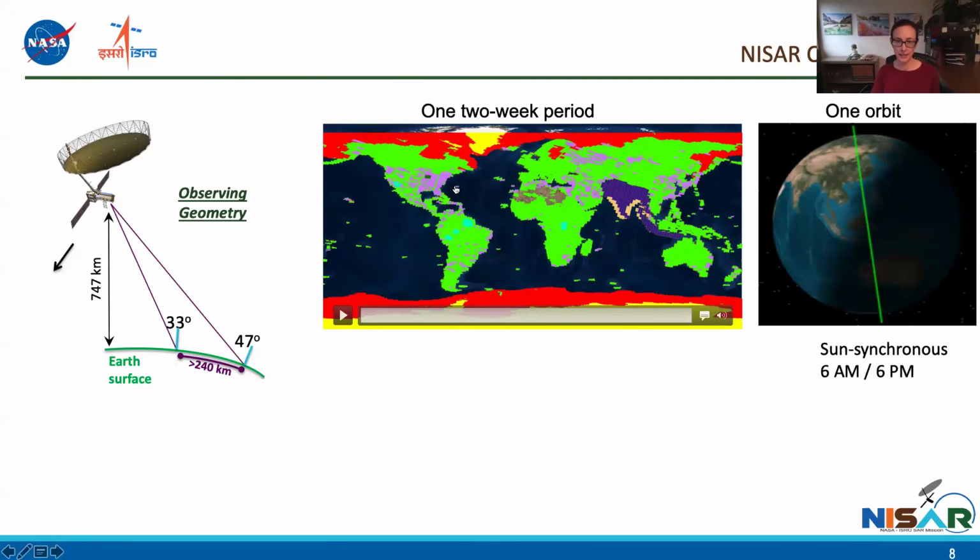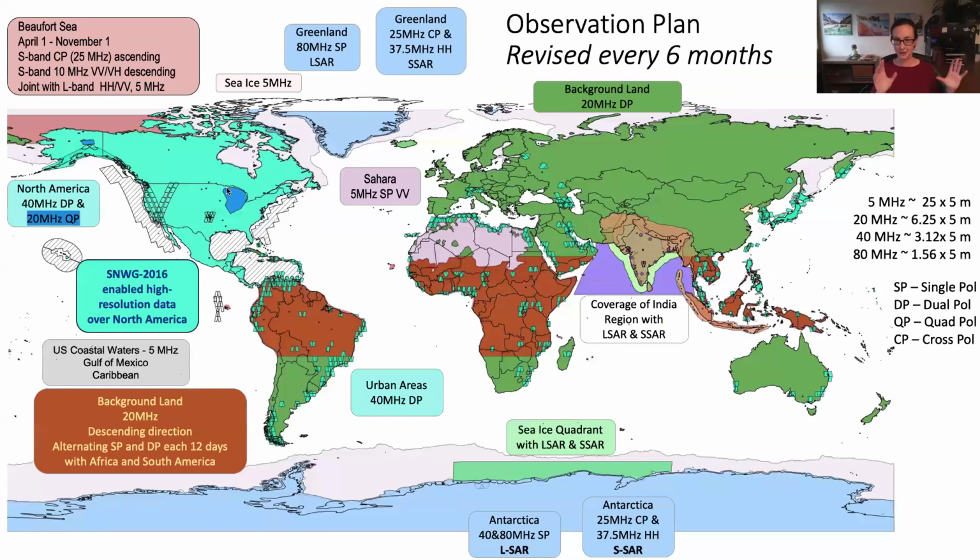This adds a little bit of complexity that the community is going to have to get used to. This plot here is the observation plan that captures all of these different modes. You don't have to figure out every little color on this plot. I'm mainly showing this to get across the idea that as you look at one of these tracks, the satellite will be changing mode a little bit over time.